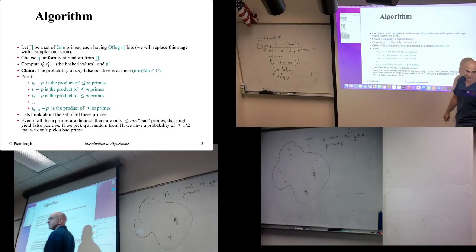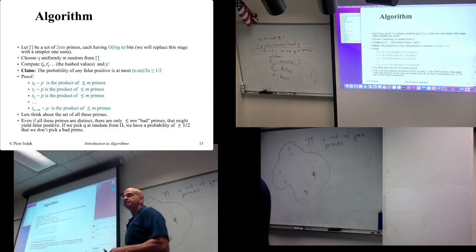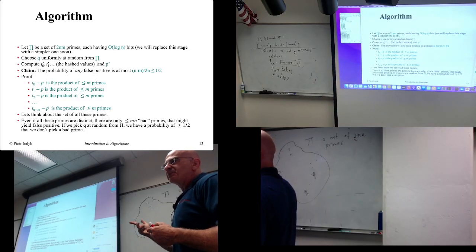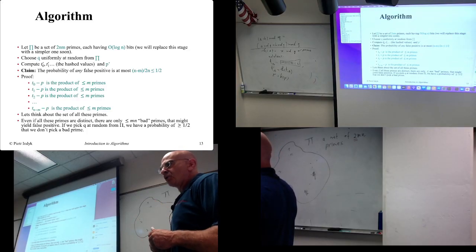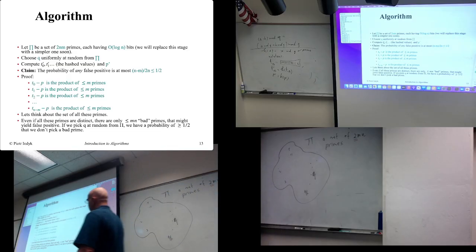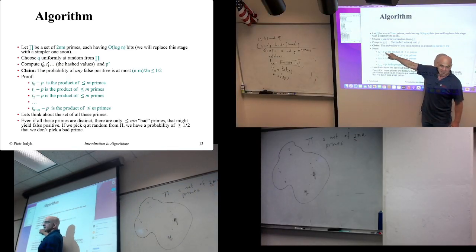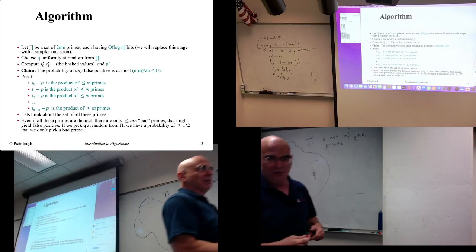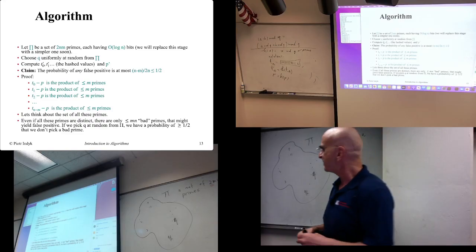At most n. We saw it in the previous slide. There are k primes that participate in this number, and k is less than n. Again, why? Because each one of the primes is at least 2, and the maximum value of this number is 2 to the n. So I cannot have more than n primes, each one larger than 2, whose product generates this number.